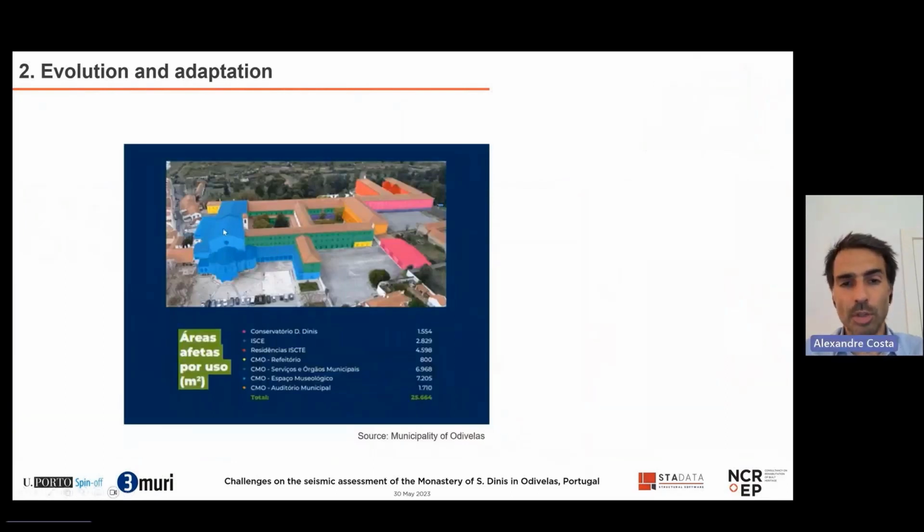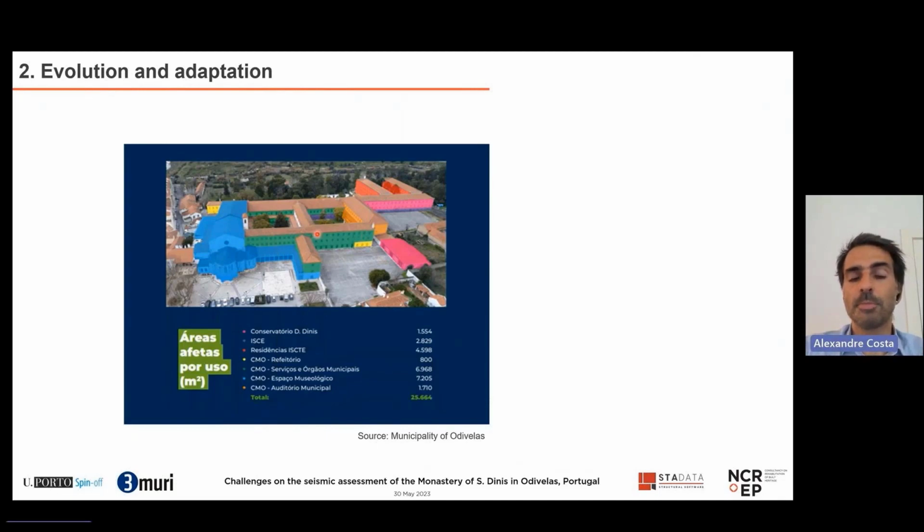What is going to be done in the monastery? The municipality has the objective to turn the monastery back to the local community, because nowadays it is not used. So the main point is that some part of the church is going to be used as a museum, and this is a historical part, somehow including this part also.